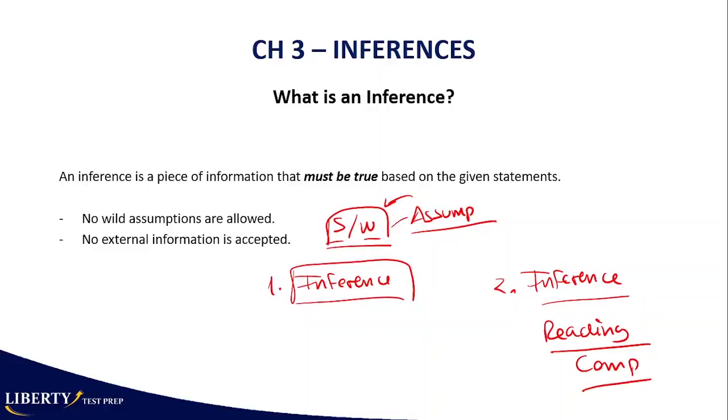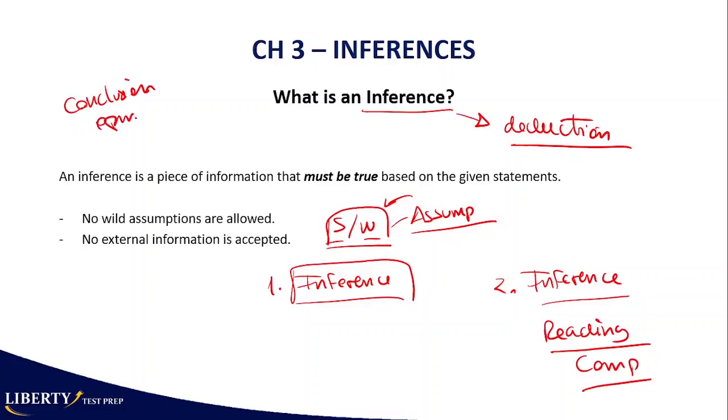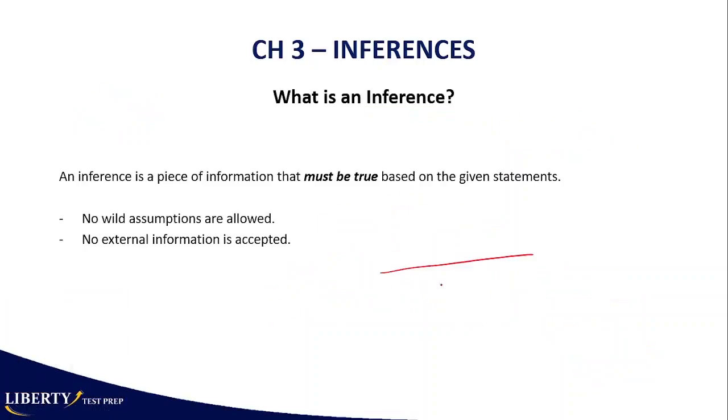What is an inference? Inference is another word for deduction, right? For deduction. So we mentioned before also that inference on the GMAT will be a synonym for words such as conclusion or an opinion. Okay, so basically when they ask you for an inference, you have to know this. They're going to give you a set of data.